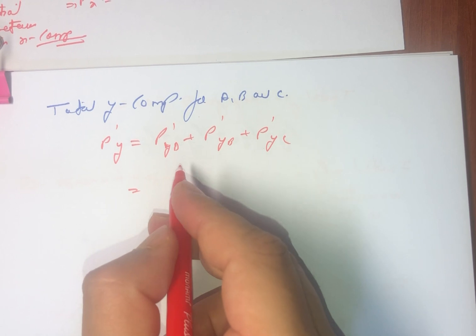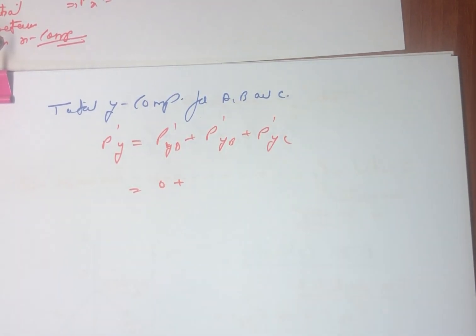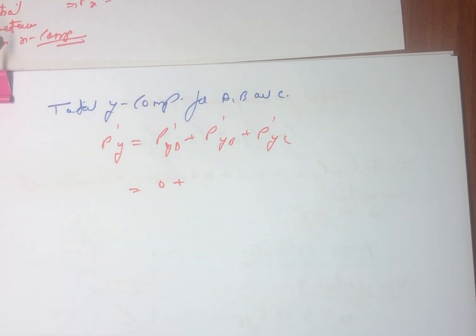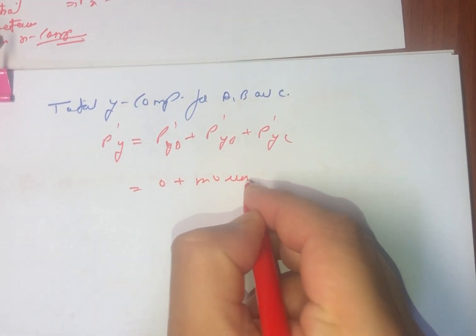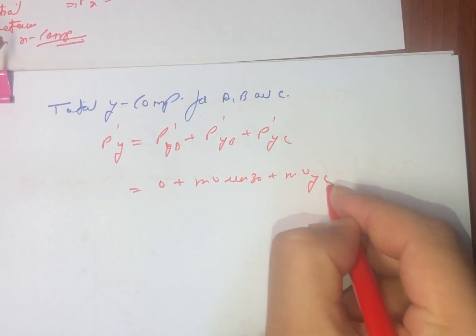So ya is 0, p prime yb will be our mv sine of 30, yeah, mv sine of 30. And for C it is mvyc.